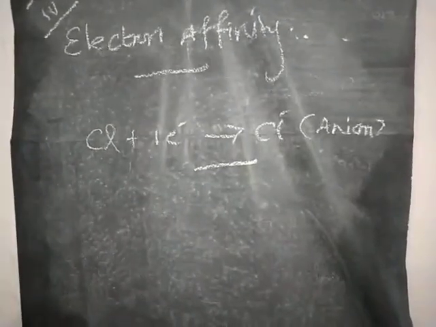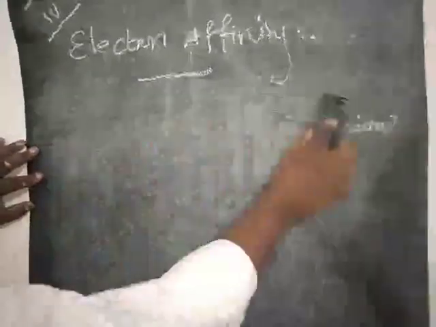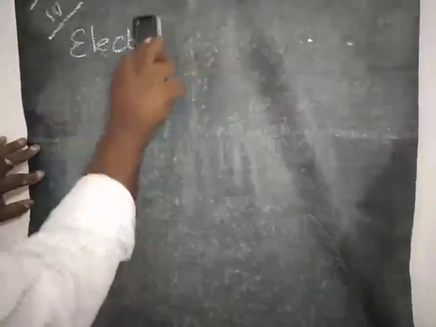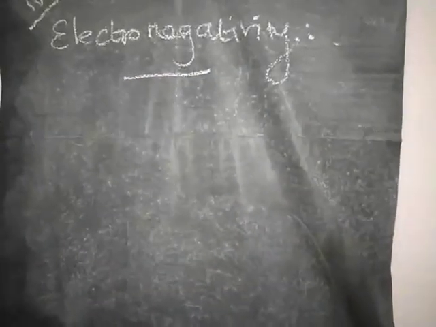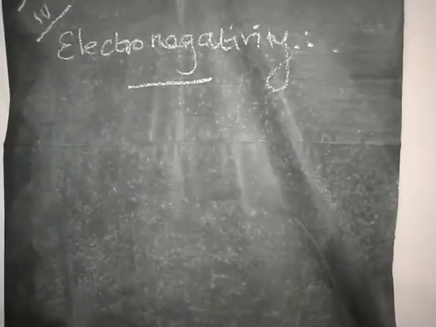Next one, electronegativity. The electronegativity of an element is the measure of the tendency of its atom to attract the shared pair of electrons towards itself in a covalent bond.